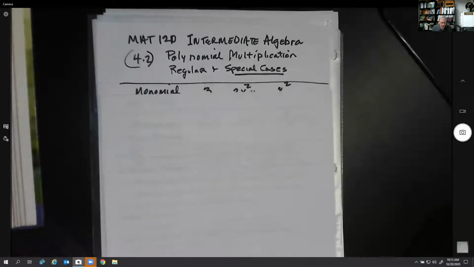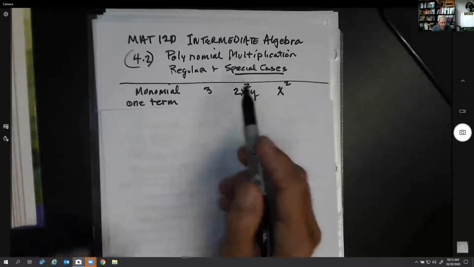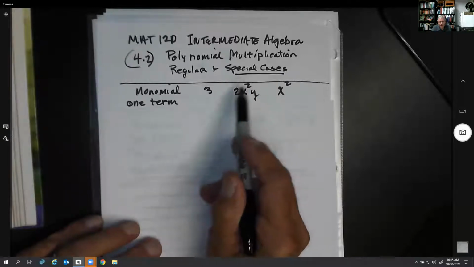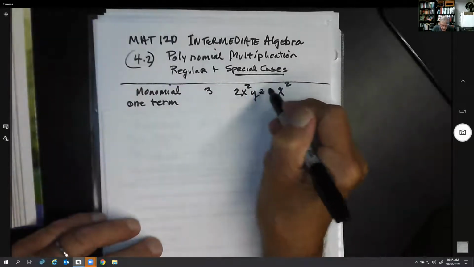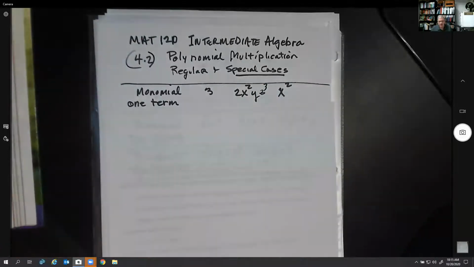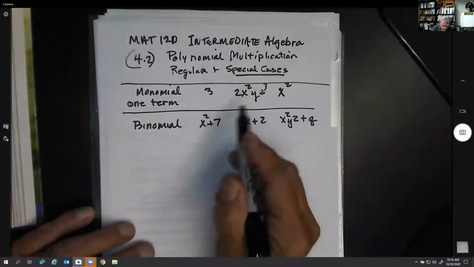Now, polynomials come in different shapes and forms. We've got the monomial, which is one term. It could be just a constant. It could be something a little fancier. We could even put a z here if we wanted to with a power. Or it could be something basic like x squared, just as long as it has one term. A binomial is an expression that has two terms.